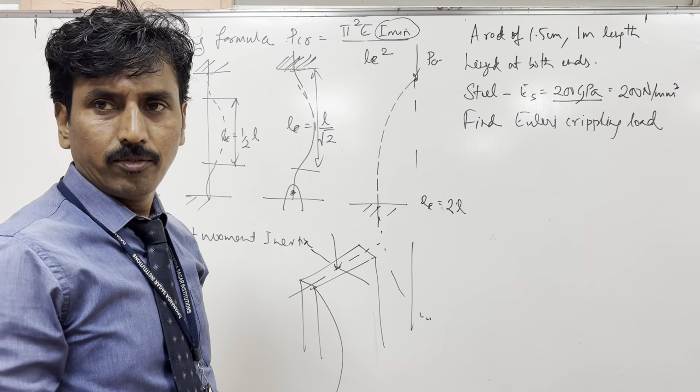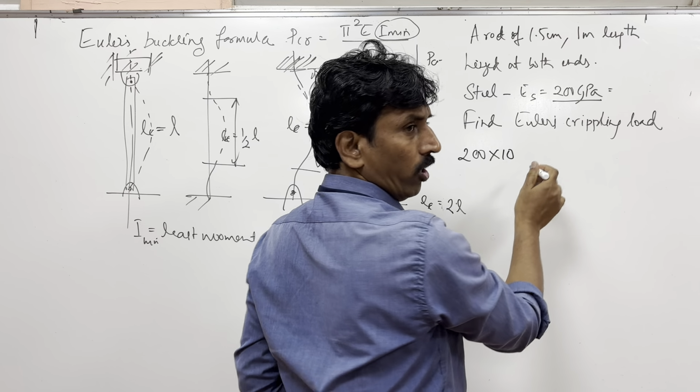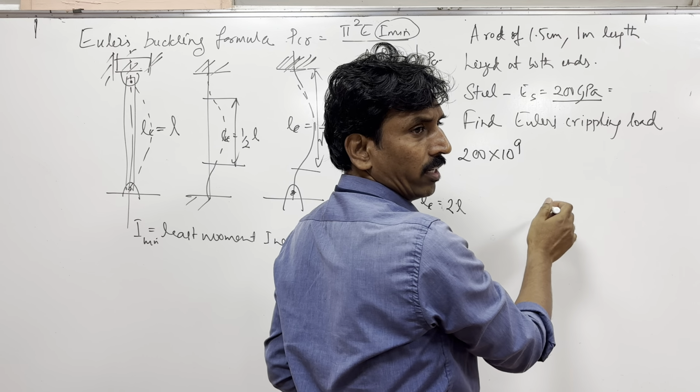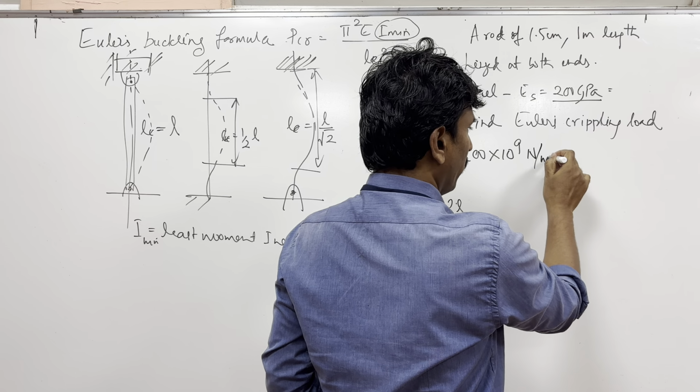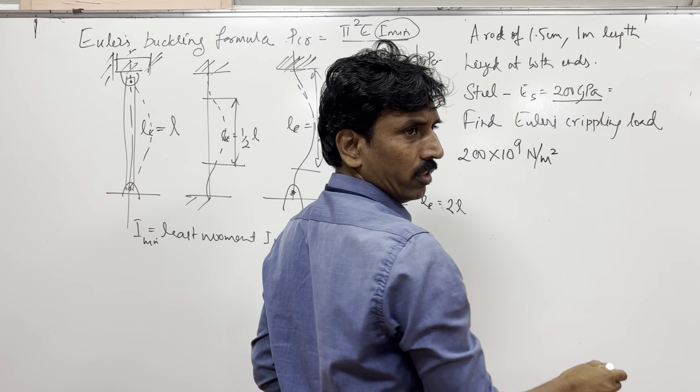200 G stands for 10 to the power of 9. Pascal stands for Newton per meter square.